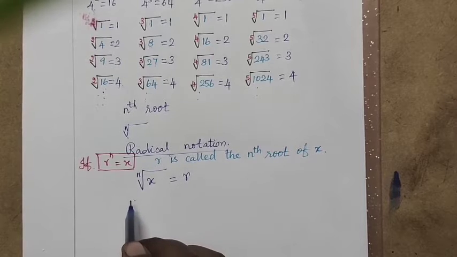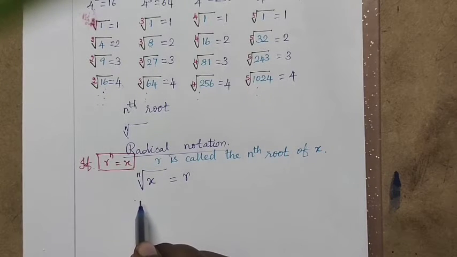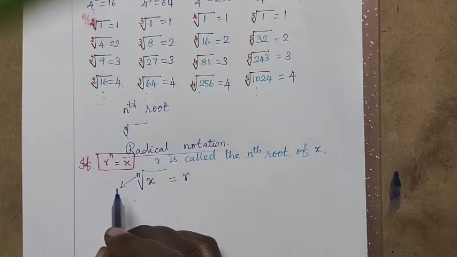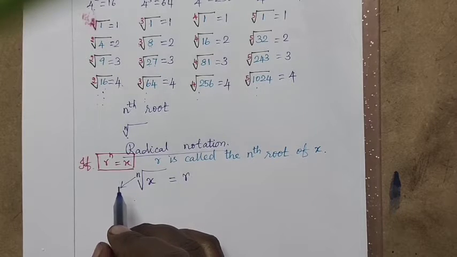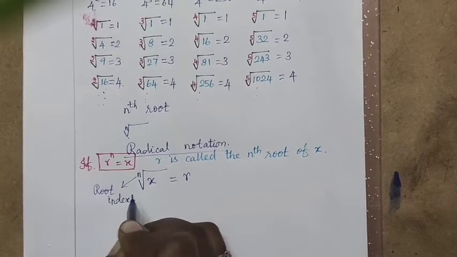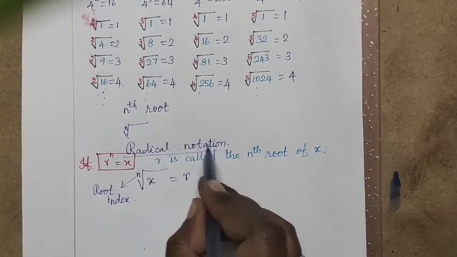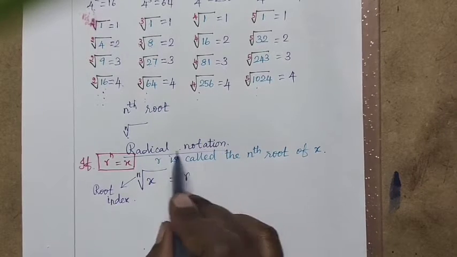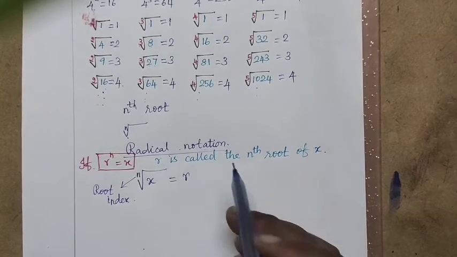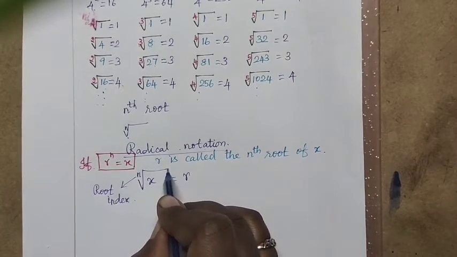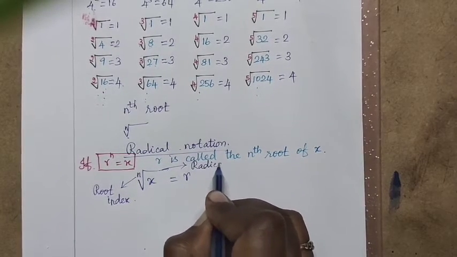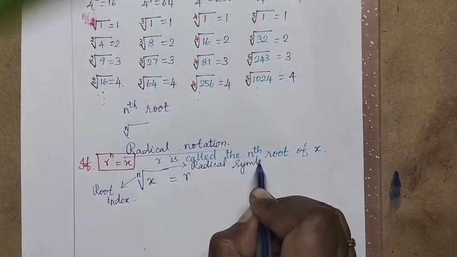Okay. Let us see what are the parts in this radical notation. This n is called root index. Root index. மூல குறியீடு. Radical notation அப்படின்னா மூல குறியீட்டு முறை. So this symbol is called radical symbol or sign.